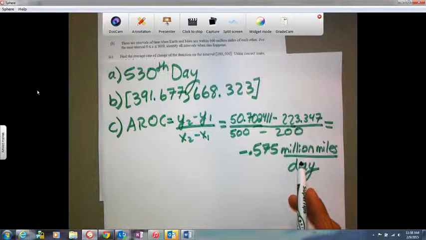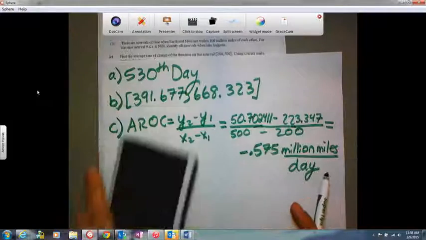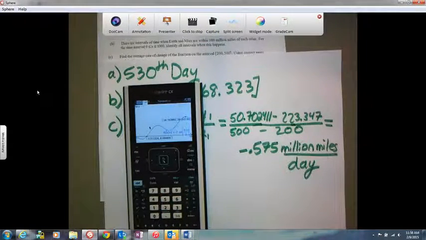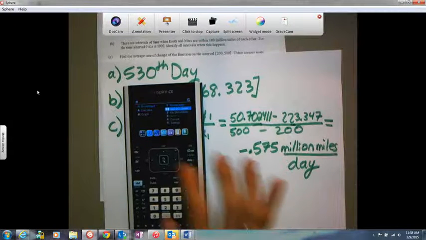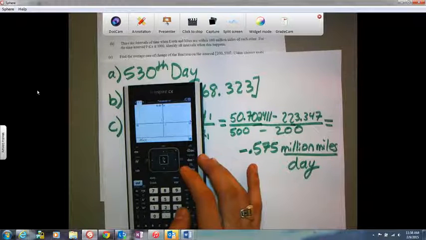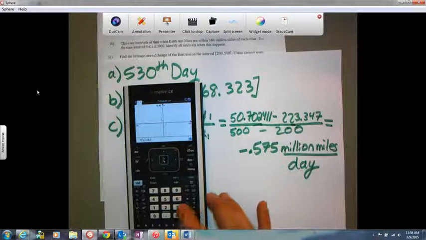Let me model it on the Inspire. It's, I think, slightly easier and a little bit different methodology. So I'm going to go get a graph. I'm going to graph this function.